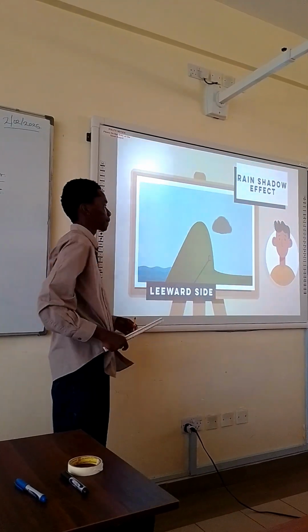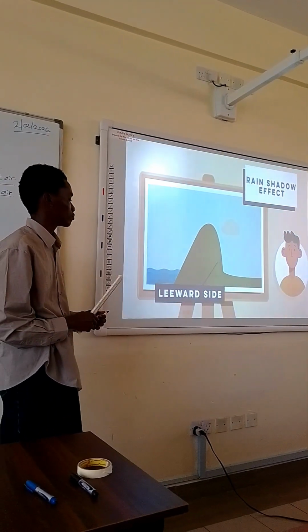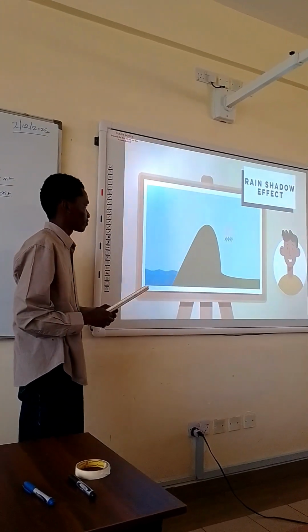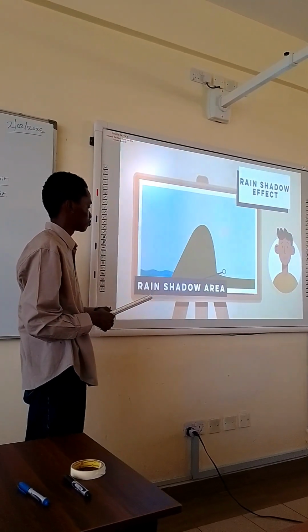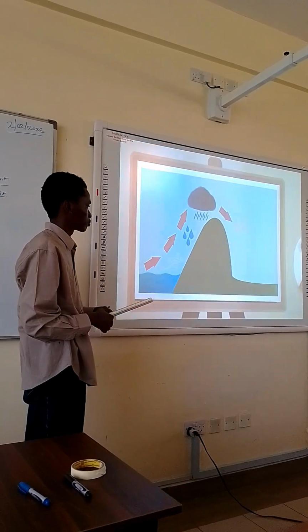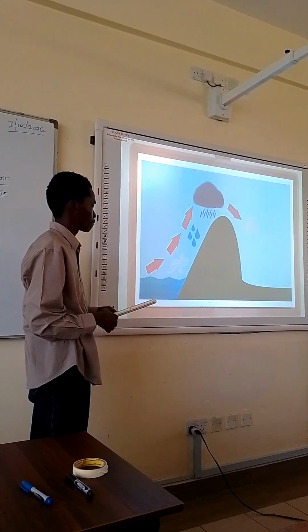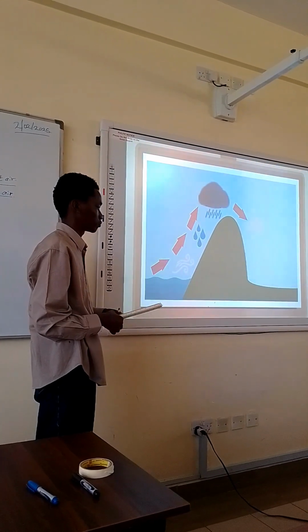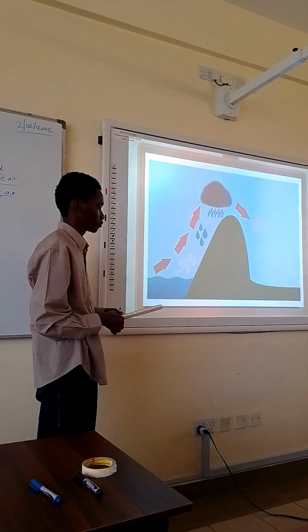As it descends, it warms up and becomes drier. This area receives much less precipitation and is known as the rain shadow area. Next time you experience rainfall in a mountainous area, remember the incredible atmospheric processes that contribute to this phenomenon.